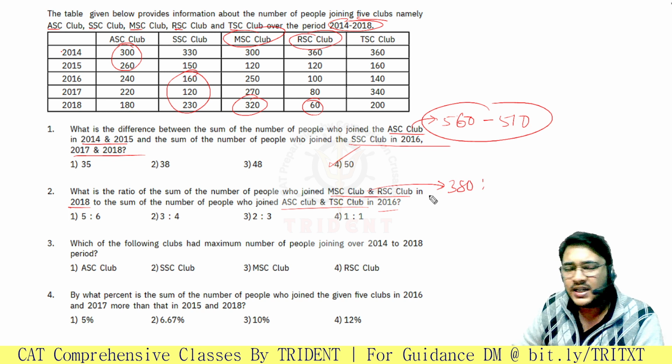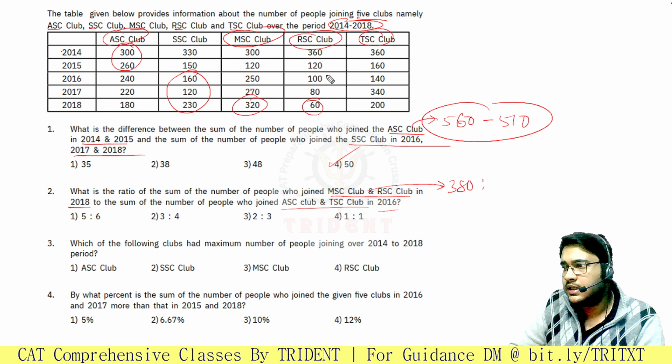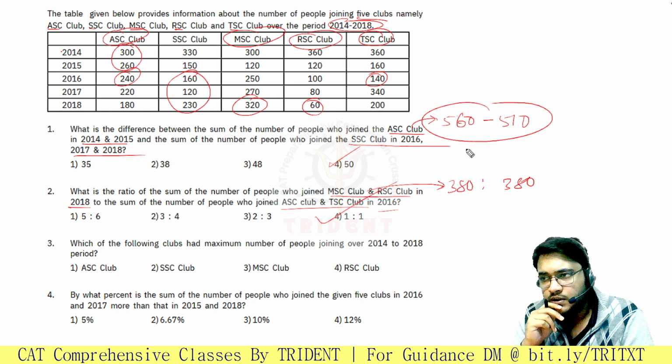You don't even need to write anything, you just need to write it like this, 380. And ASC and TSC in 2016 I have 240 and 140, that is again coming out to be 380. So pretty much 1:1 has to be the answer for this question.